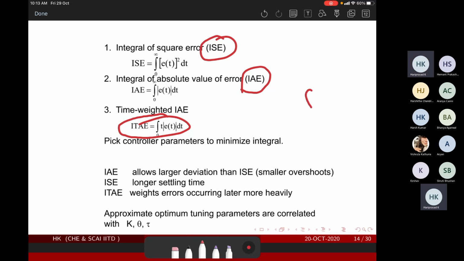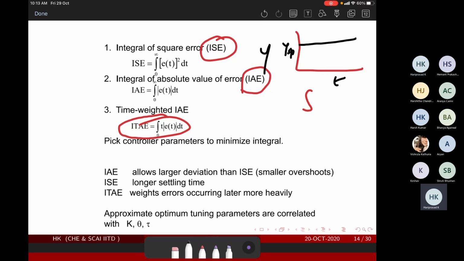And why is the integral needed? Because when you apply a controller, or rather synthesize a controller, and let's say this is the Y setpoint, this is time, and you are going to plot Y. And when you implement this in the field, you will have to look at the performance starting from time zero until it reaches steady state, and so forth.